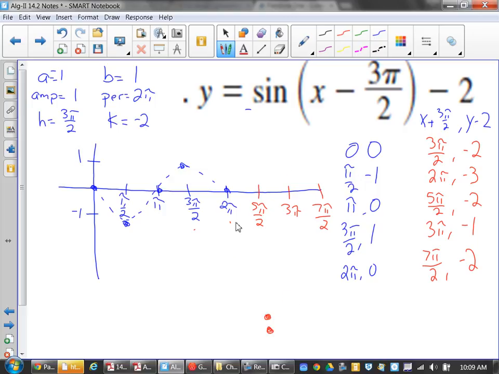Forgot that we had an A value. -2, -3. So that's all I have to put in there. So we go to -2, -3, -2, -1, -2. It may not look perfect, but it does look ridiculous. But it doesn't matter if it looks ridiculous because you told me what the ordered pairs were. Ordered pairs rule.